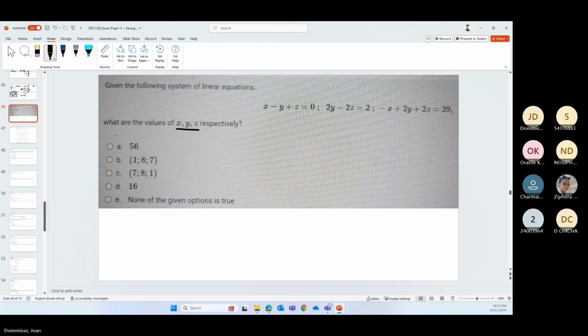The three values might be 1, 8, and 7. If you multiply 1 times 8 times 7, that will give you 56, and 7 plus 8 plus 1, or 1 plus 8 plus 7, gives you 16 as well.